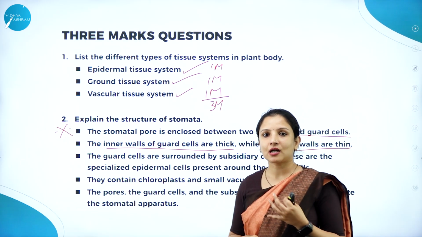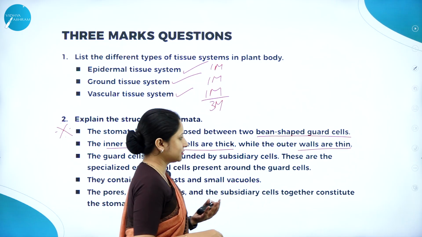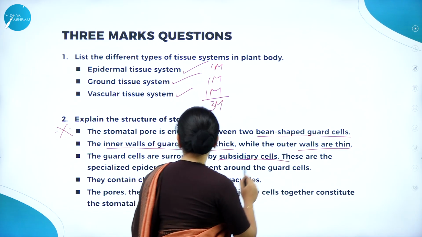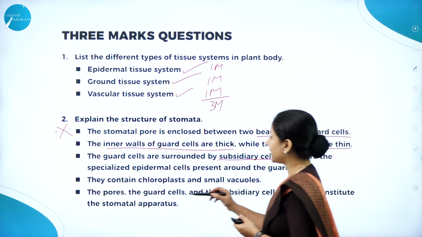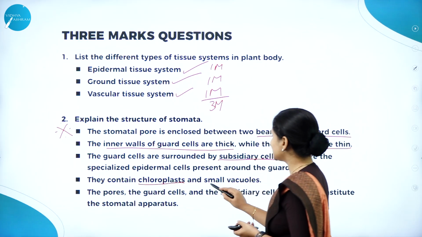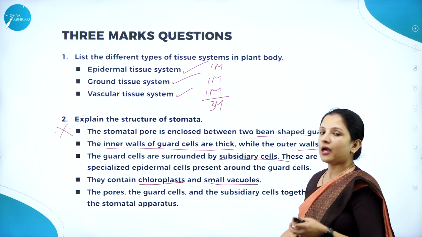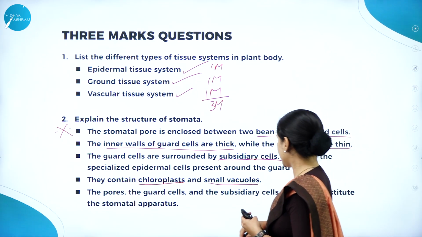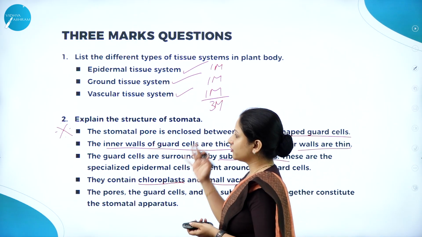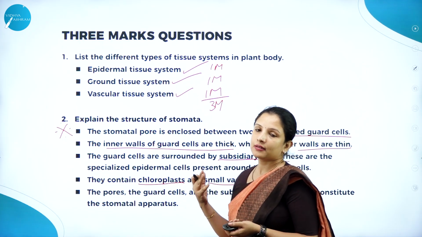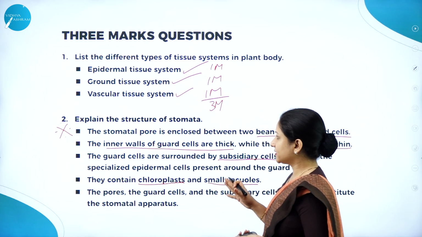The guard cells are surrounded by some epidermal cells, which are called subsidiary cells. Apart from that, you have to write that the guard cells contain chloroplasts and some small vacuoles. The pore, the guard cells and the subsidiary cells together we call the stomatal apparatus. So many points you need to write; 5 to 6 points is enough.